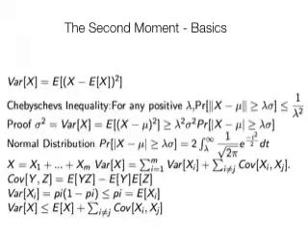Note that such a normal distribution is sometimes called a standard normal, because we assume the random variable has variance 1 and mean 0.